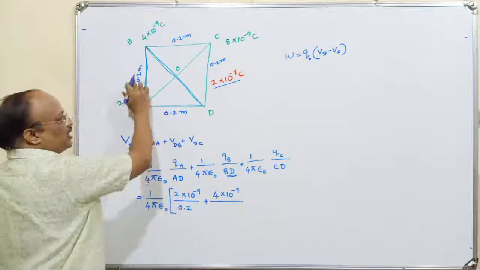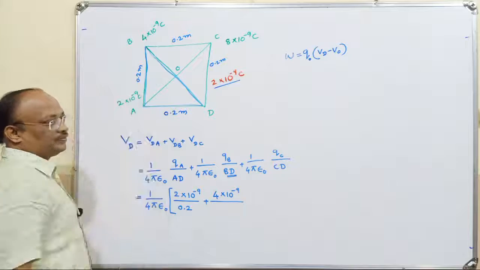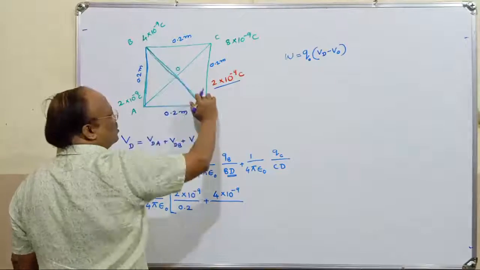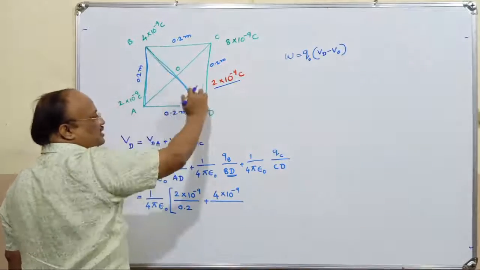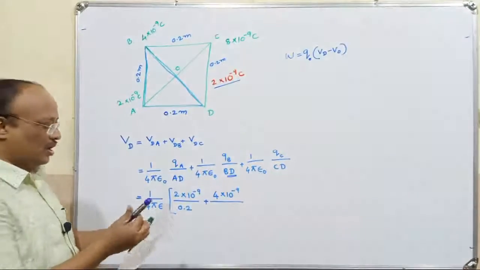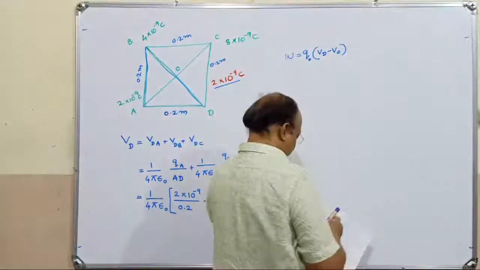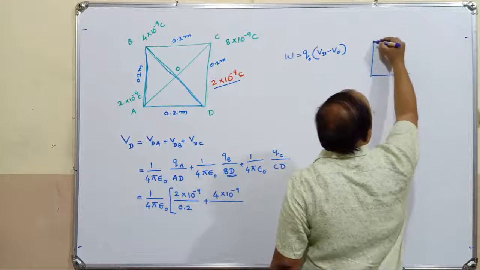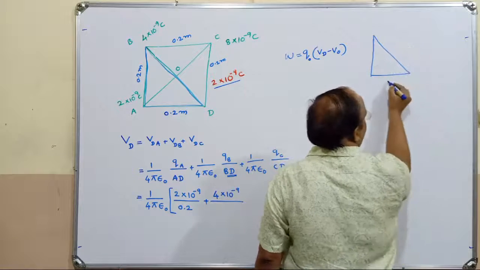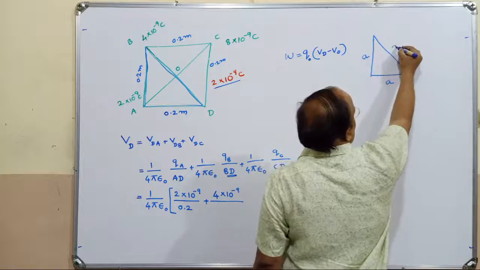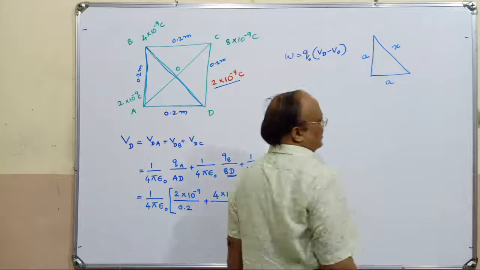So you can use Pythagoras theorem now. This is 0.2 and this is 0.2, so then this length you can find out. If you take this as Pythagoras theorem, this is side a, this is side a, I want the value of x there.